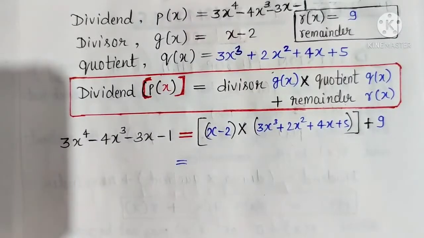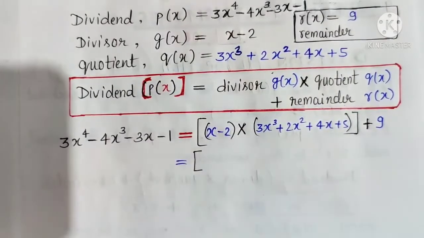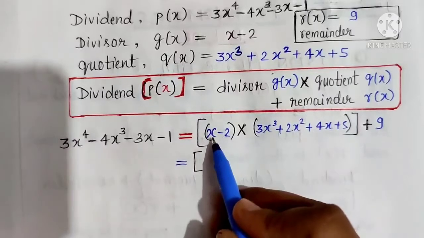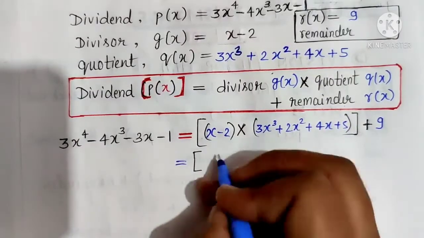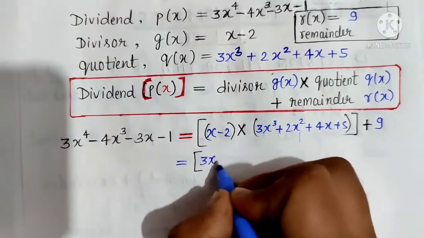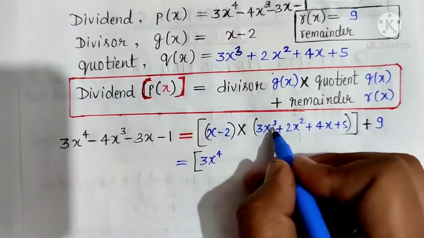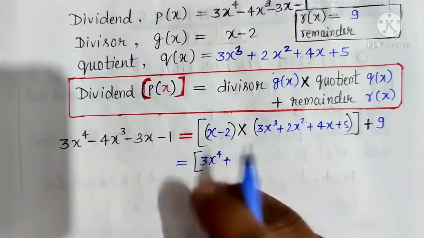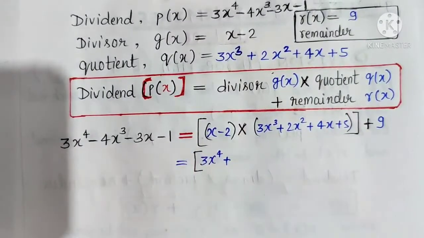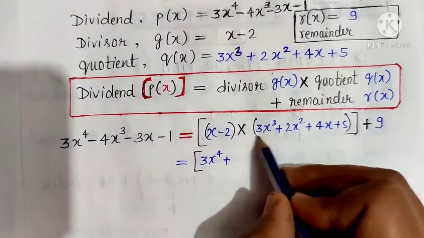It is x minus 2. So first term is x. This first term x will multiply this whole term. So first x multiply by 3x cube. So it becomes 3x raised to the power 4, because x into x is x square, plus sign. This minus 2 we will ignore right now. Just first we multiply this whole term with x only.